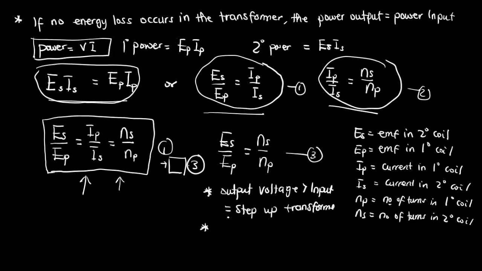On the other hand, if the input voltage is greater than the output voltage, then we say that this type of transformer is what we call a step down transformer.